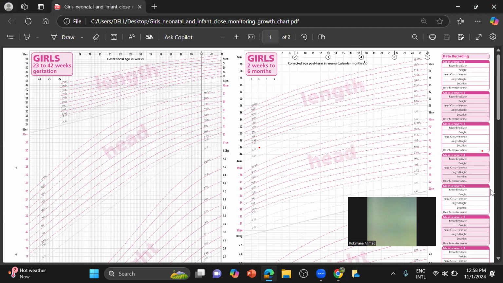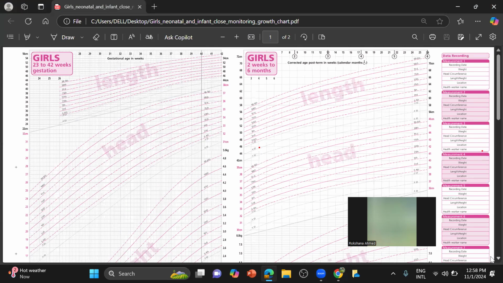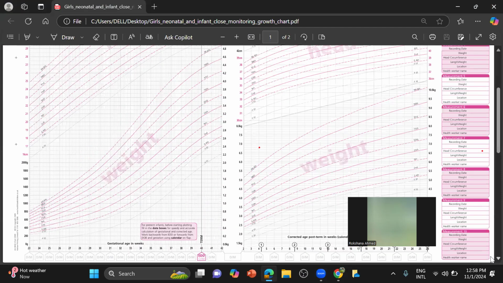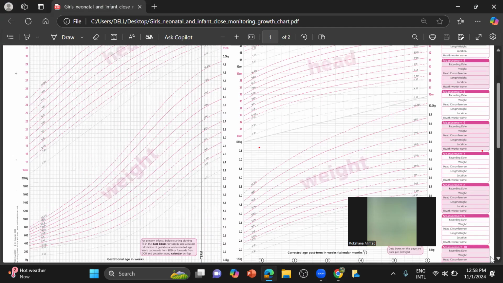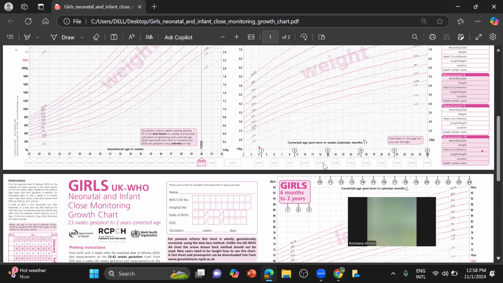If the child is born at less than 37 weeks, we plot on the preterm chart, and when the child reaches 40 weeks, we move to the next chart. Suppose he is born at the 31st week with a weight of 1 kg, and at 40 weeks we find his weight is 1.2 kg.